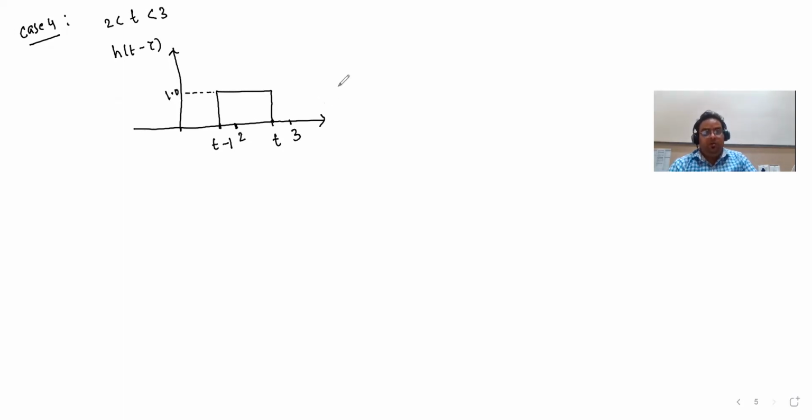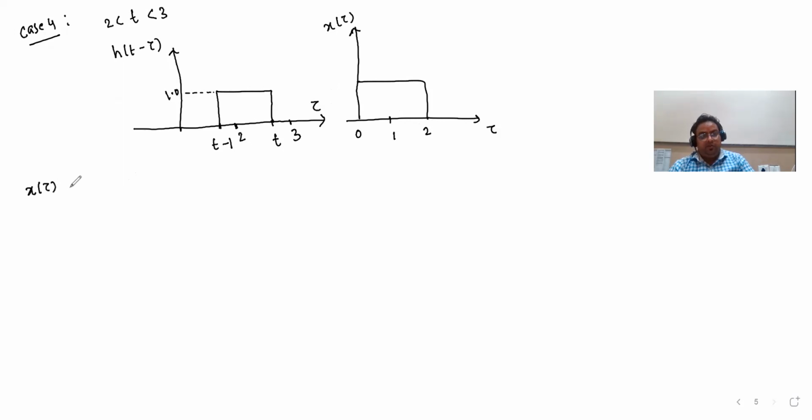And the other signal, our fixed one, is x of tau, which has a value from 0, 1, 2, along tau. Now I'll take the product between x of tau and h of t minus tau.